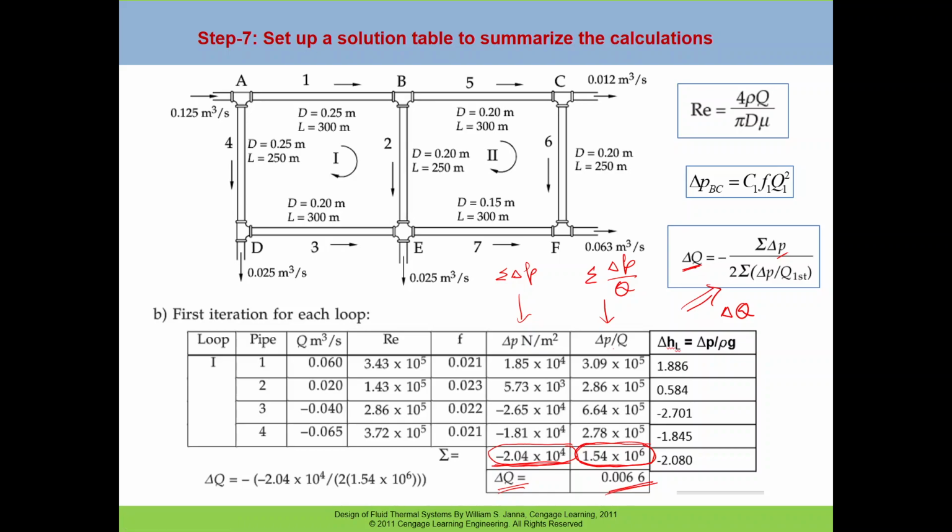So the one table is complete here for loop 1.